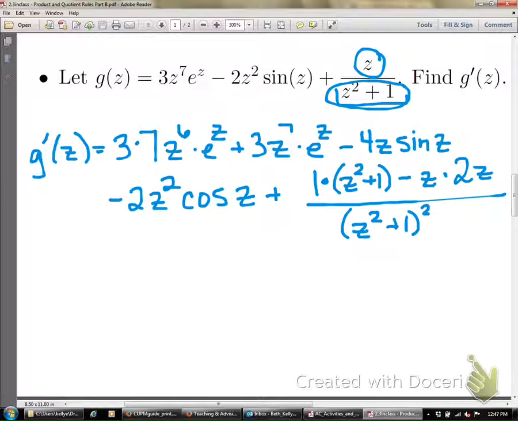All right, and now we have taken the derivative of all of g. Okay, so it is this very, very long thing.